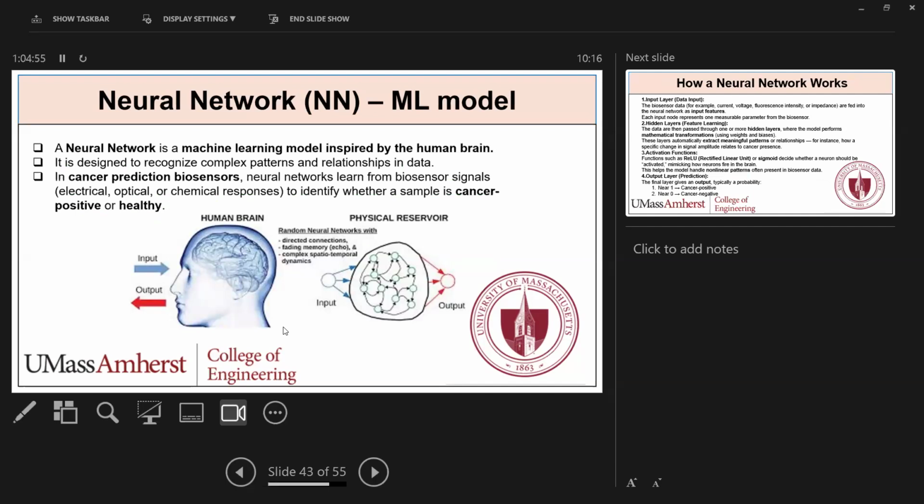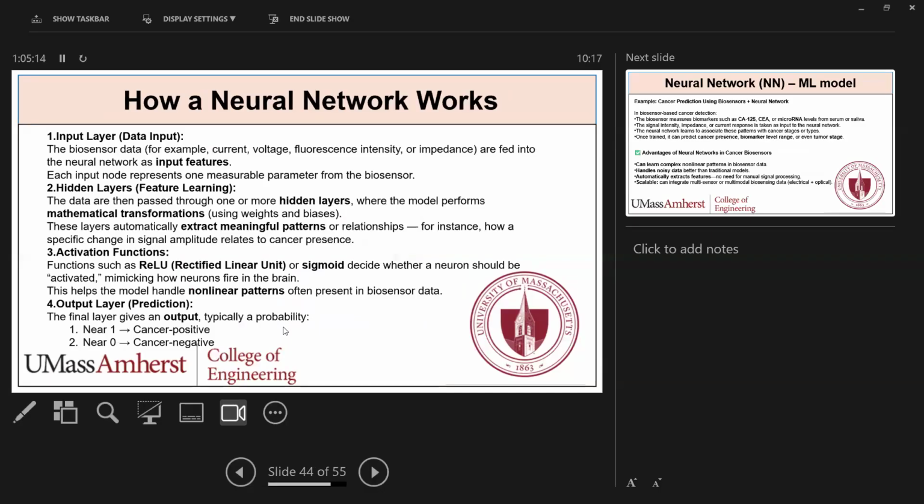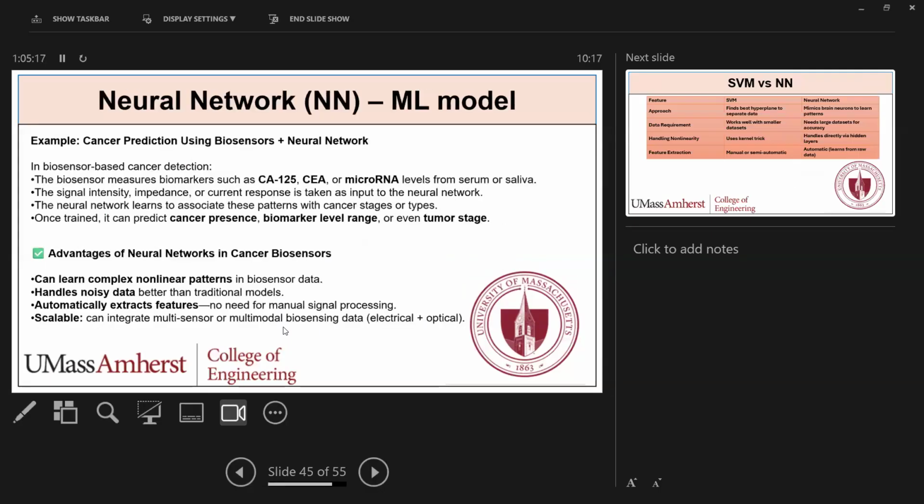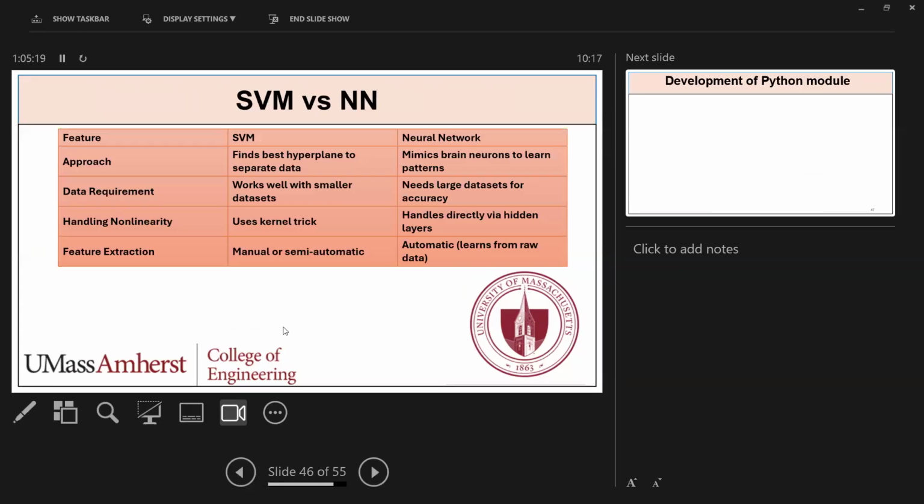It is a bit more advanced, so we wanted to select both the basic one and the advanced one. We selected the neural network in the cancer prediction biosensor to identify whether a sample is cancer positive or healthy. This is just about the basics of the SVM and neural network models.